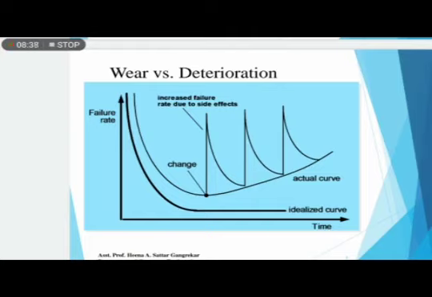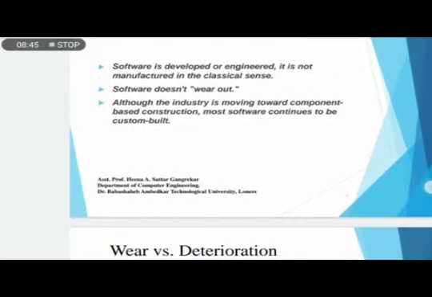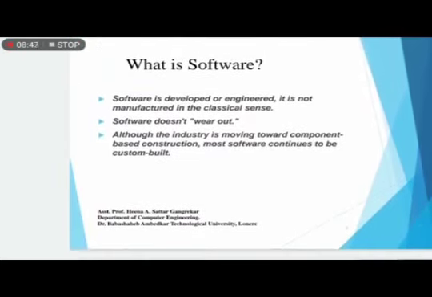Now, the next one is, although the industry is moving towards component based construction, most software continues to be custom built. Now we are going to elaborate this. Consider the manner in which the control hardware for a computer based product is designed and built.